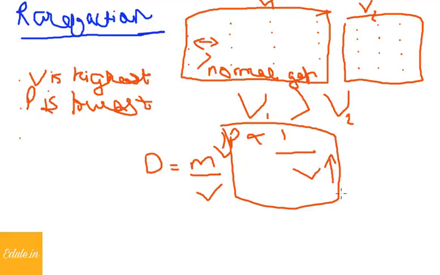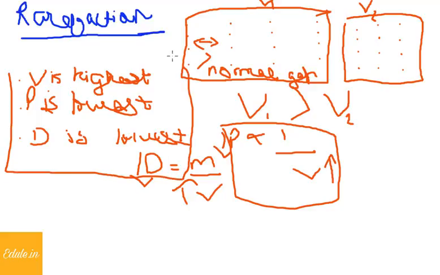This is just gas laws, like pressure and temperature are directly proportional, volume and temperature are directly proportional, etc. So density is equal to mass upon volume. Volume is increased, so density is also decreased, density is also lowest. So these are the three things you should take care about.